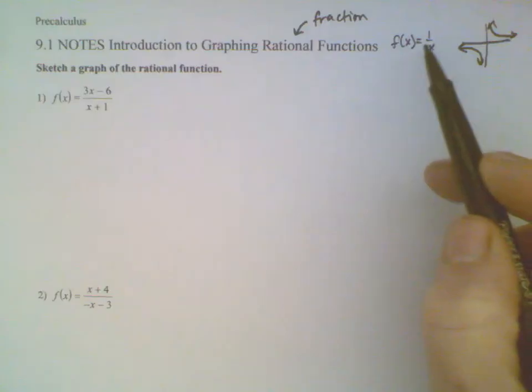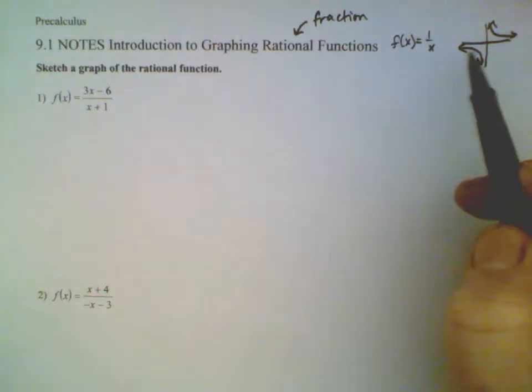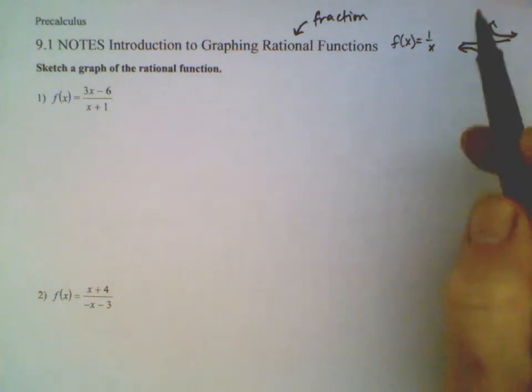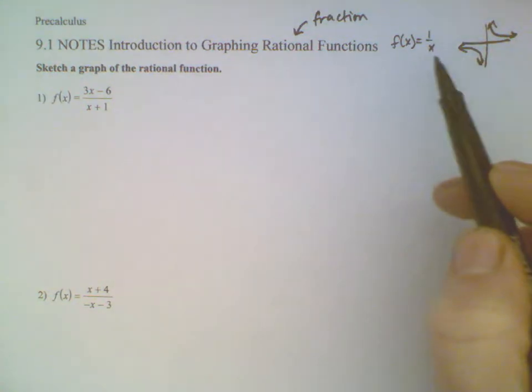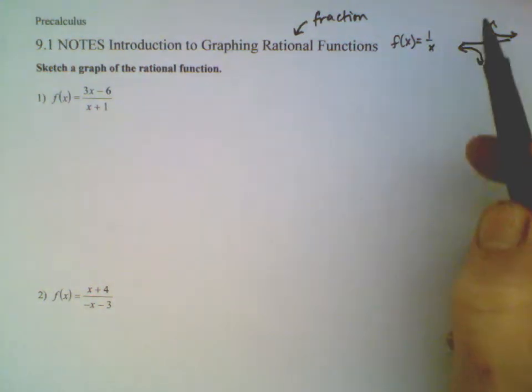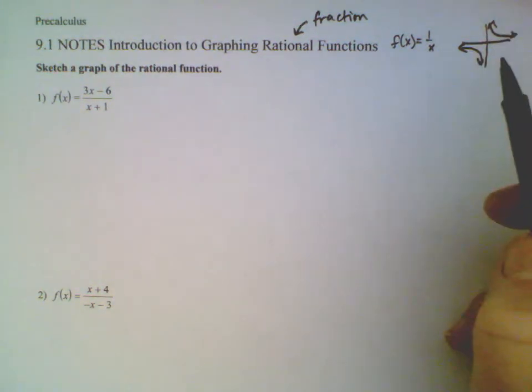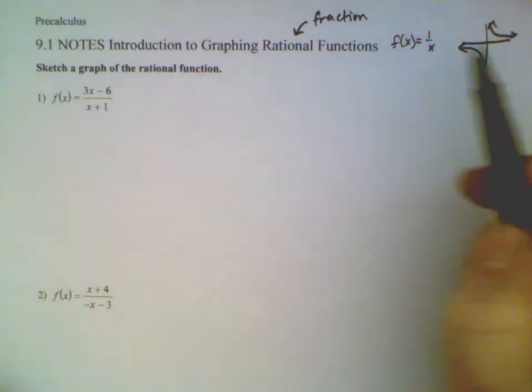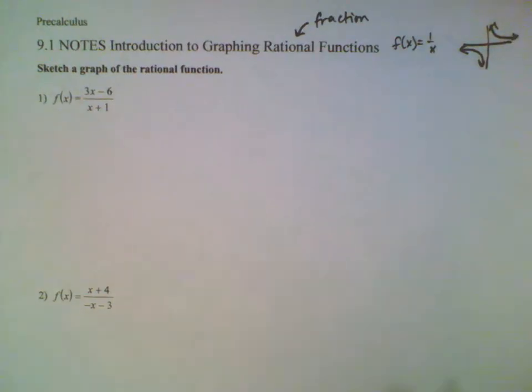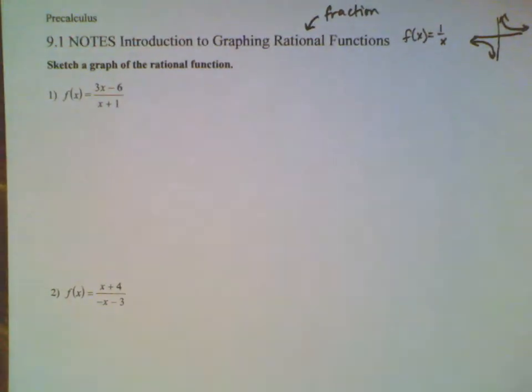Now remember, as you change the numerator and the denominator, things move over and move up. And if I have two quantities in the denominator, I will have multiple vertical asymptotes potentially. And so all those little things are going to come into play. So let's just jump in.